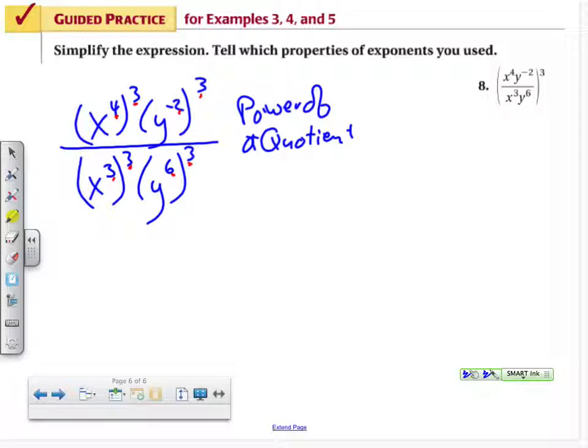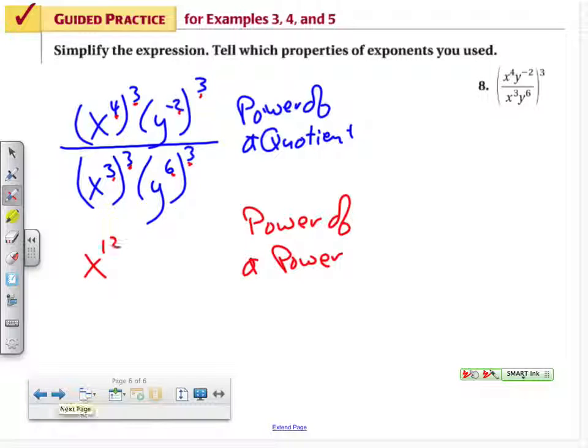The next one we'll be doing is the power of a power. And so we'll be multiplying those powers. So that'd be x to the 12, y to the negative 8, and then on the bottom x to the 9, y to the 18.